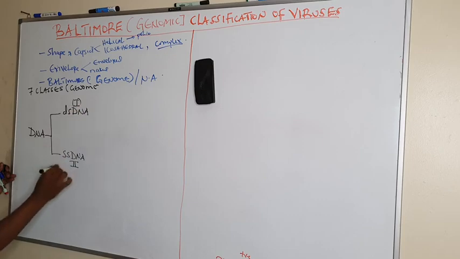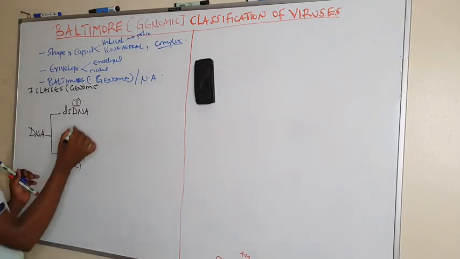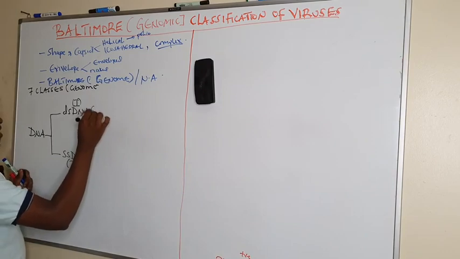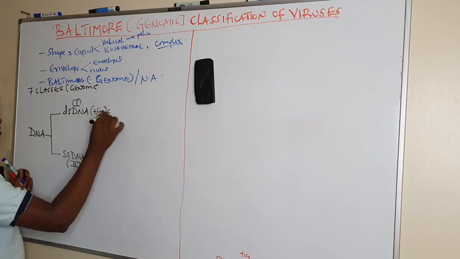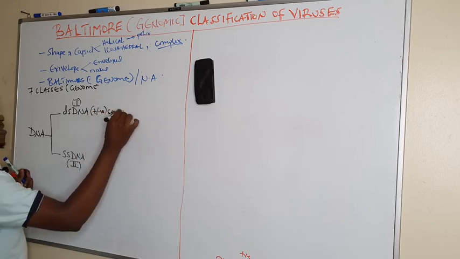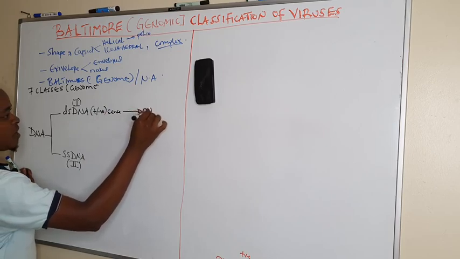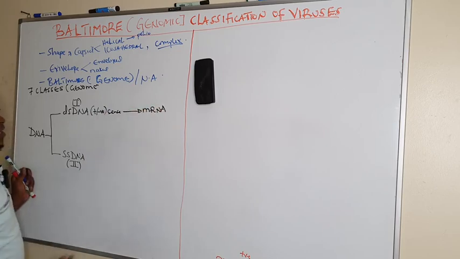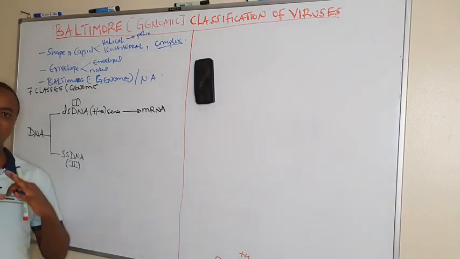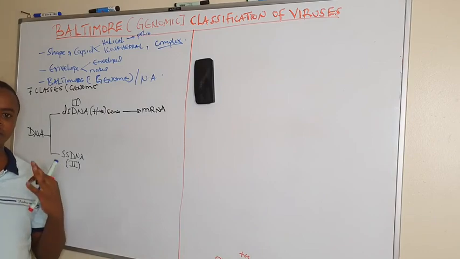Those which are double-stranded have both positive and negative sense, meaning they are directly converted to messenger RNA.